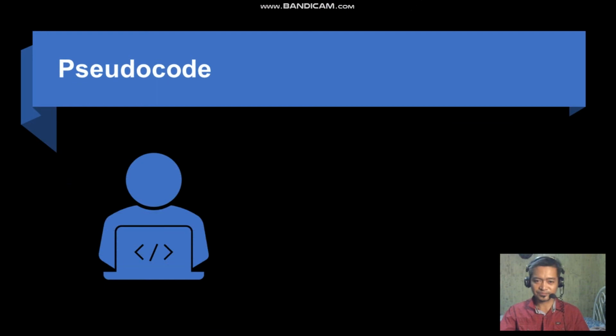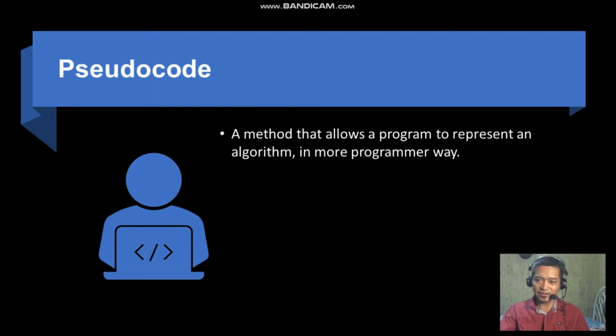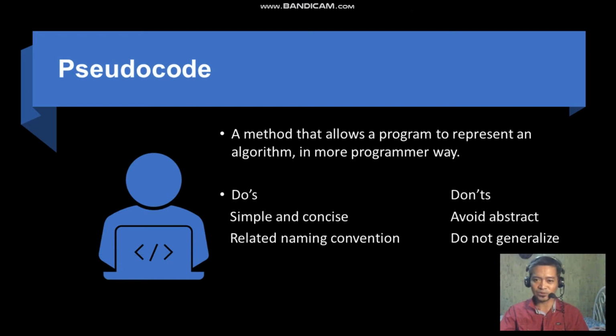Ayan. So a method that allows a program to represent an algorithm in a more programmer related way is what we call pseudocode. So ano yung mga do's and don'ts natin? Those muna tayo siyempre. It must be simple and concise, and we must have a related naming convention.